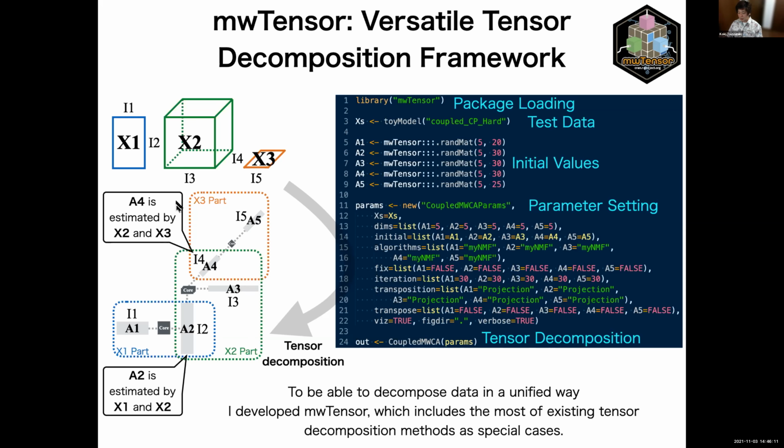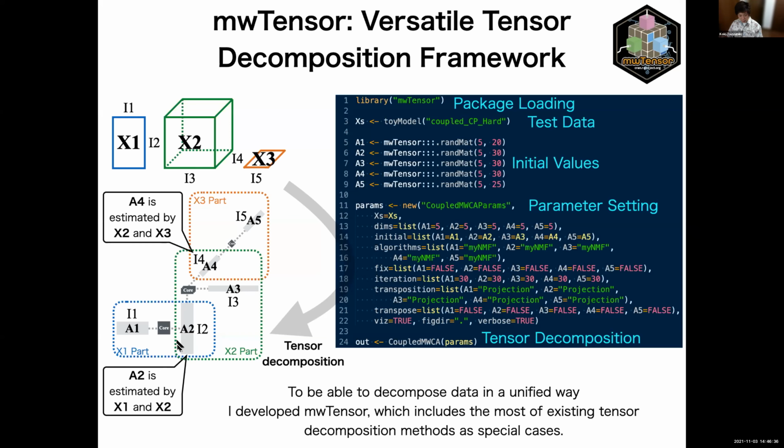And here is the decomposed form of these tensors. What is important here is that tensors with a common dimension have a common factor matrix. In other words, this common factor matrix can be estimated by multiple tensors.